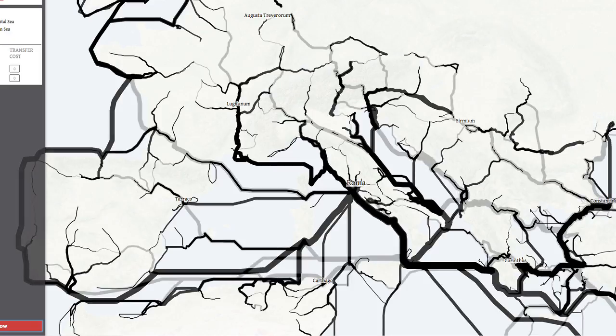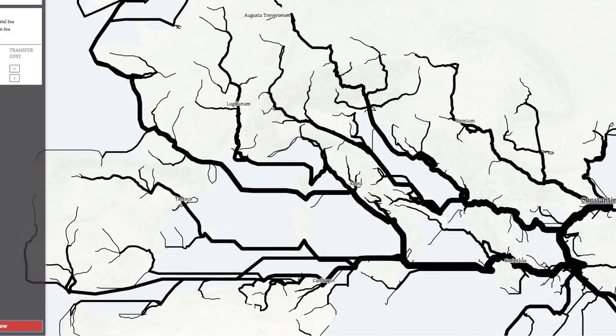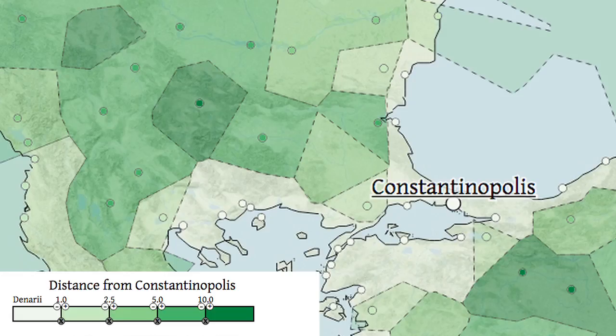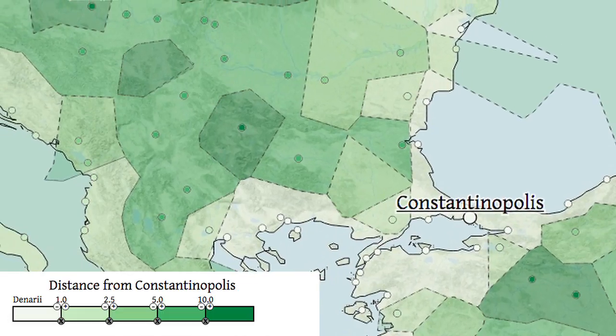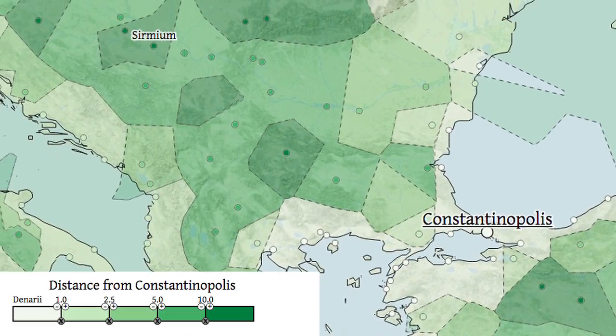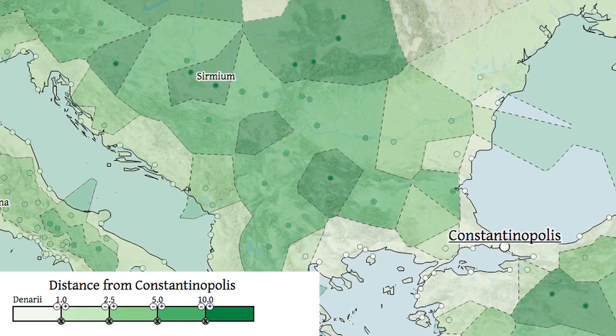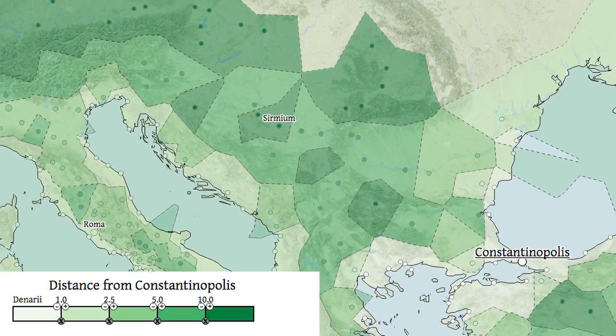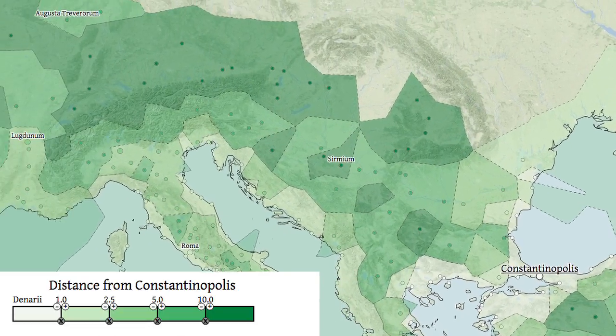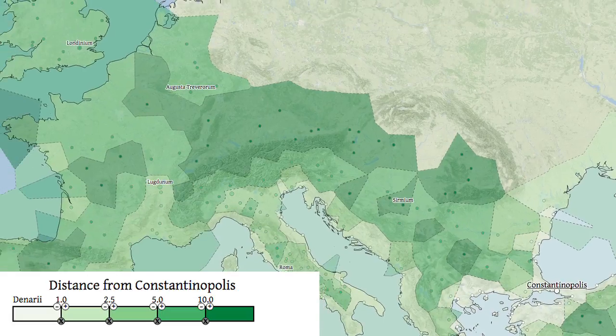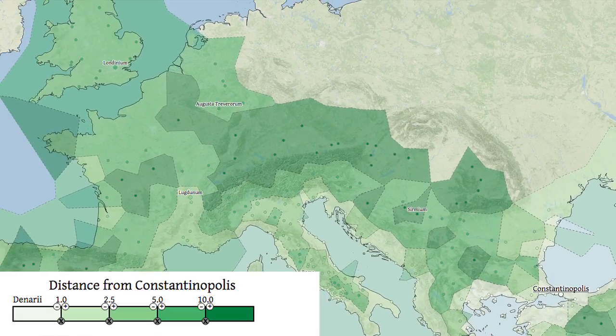So once the center moves to Constantinople, once the Eastern Roman Empire becomes the forefront and the capital is moved to Constantinople, you'll notice, if you run these cost calculations, that the western edge of that version of the empire corresponds very well to the maximal extent of the Eastern Empire's ability to project power into the West.